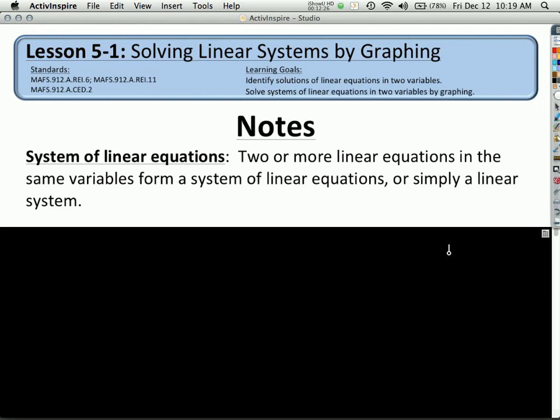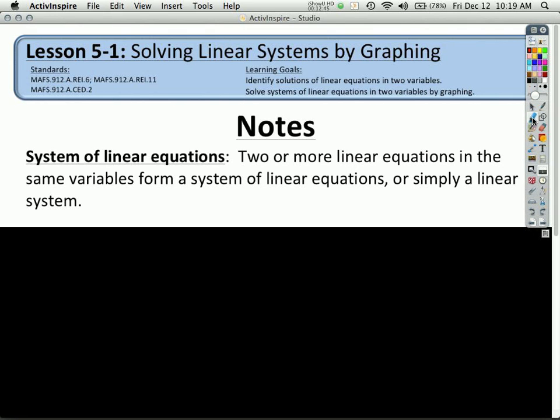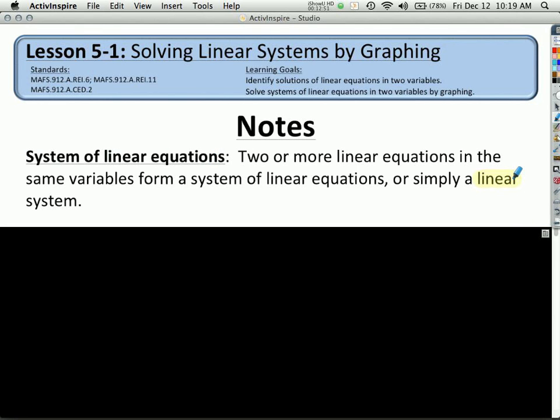This year, we're pretty much only going to explore 2 equations at a time. When you get to Algebra 2, 2 years from now, you will start exploring systems that have 3 or 4 equations. Instead of saying system of linear equations, this 4-word phrase, I will usually say linear system. Or I might just say system.